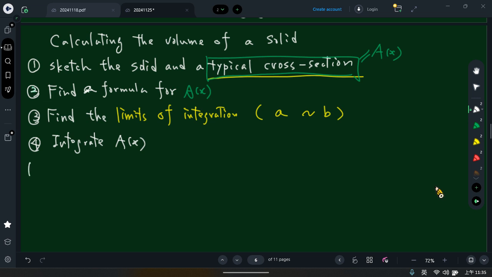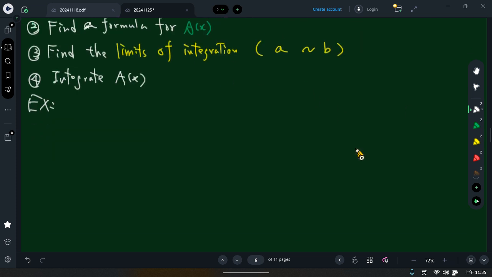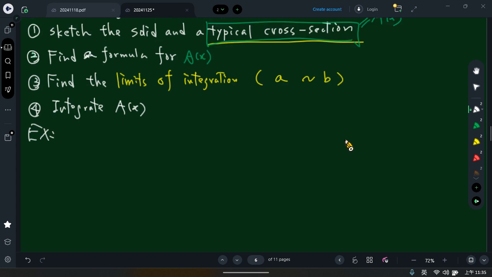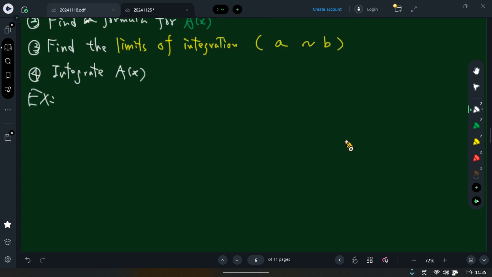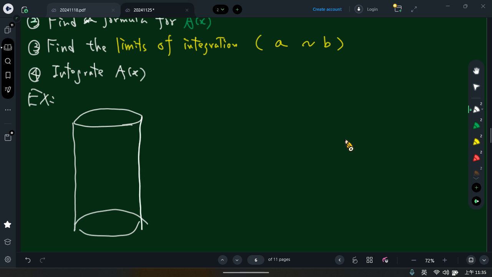Okay, our textbook just gives you an example, and I will draw the figure for you first. There is a tube. This is a can. Its base, the circle, if we assume its radius is 3, just imagine that.